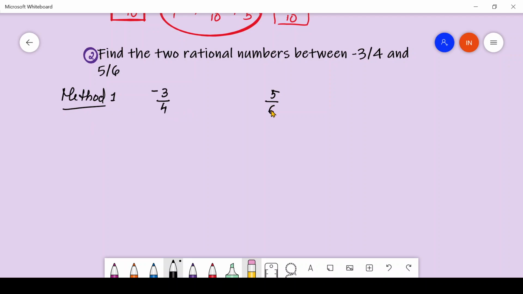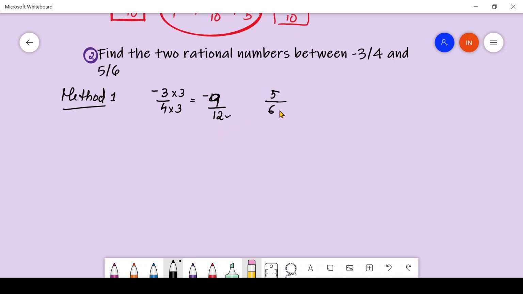So let us see. Here 4 is there, here 6 is there. So what can we make? We can make it as 12, right? Yes. So I'm multiplying the first number with 3. Whatever we are doing with the denominator, we have to multiply with the numerator as well. So this number will be negative 12, negative 9, sorry, negative 9 by 12. And this one we have to make the denominator same as here, 12. So what we should do?